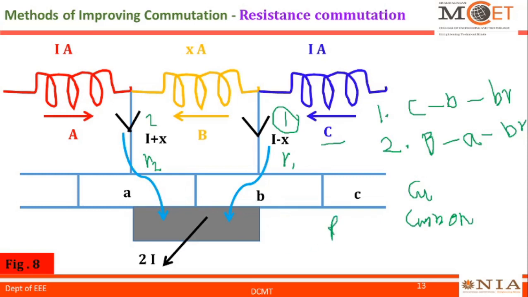We know R is equal to rho L by A. If area increases, resistance decreases, and if area decreases, resistance increases. R is inversely proportional to area. So path 1 will offer more resistance and path 2 will offer less resistance, and the current will flow through path 2.